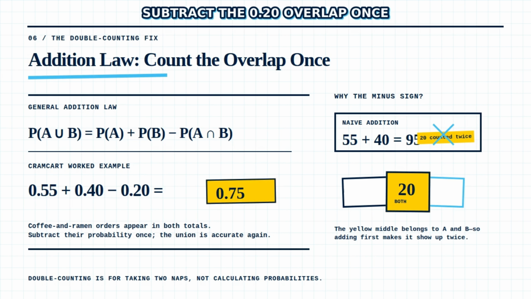The general addition law is probability of A union B equals probability of A plus probability of B minus probability of A intersection B. Here, 0.55 plus 0.40 minus 0.20 equals 0.75. Double counting is for taking 2 naps, not probability.